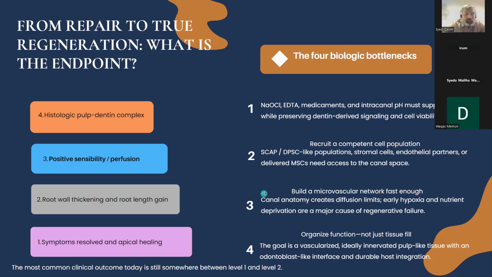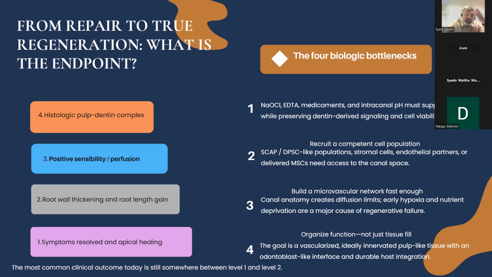The most common clinical outcome today is still somewhere between level one and level two. So symptoms are resolved, apical healing, root wall thickening, but we lack that histological pulp dentin complex. We lack positive sensibility and perfusion.